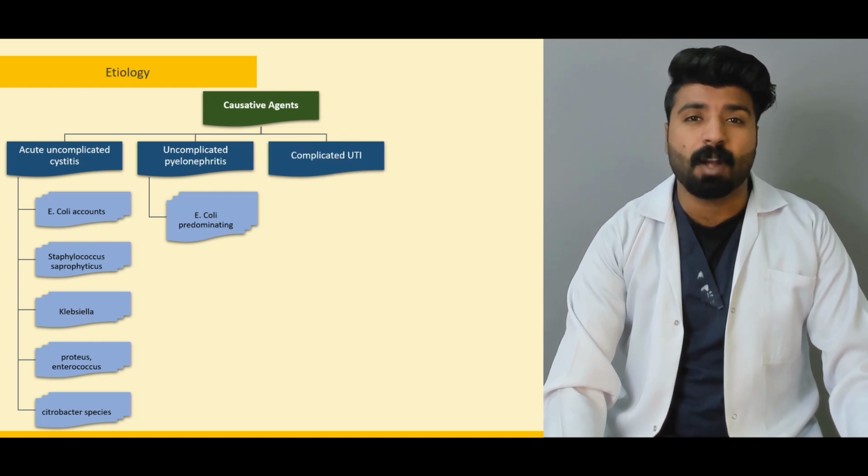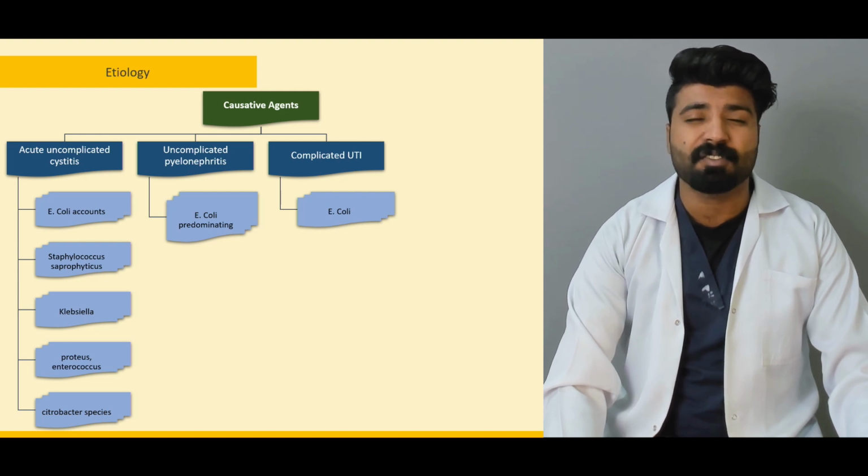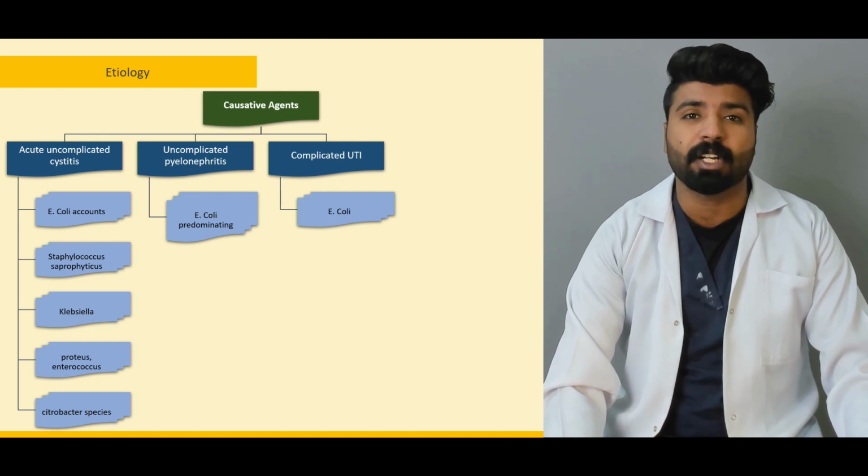Next, we have complicated UTI, the type of UTI where the infection will propagate and lead to sepsis, or there's some kind of structural abnormality, or the patient is immunocompromised, or it's happening on a recurrent basis.